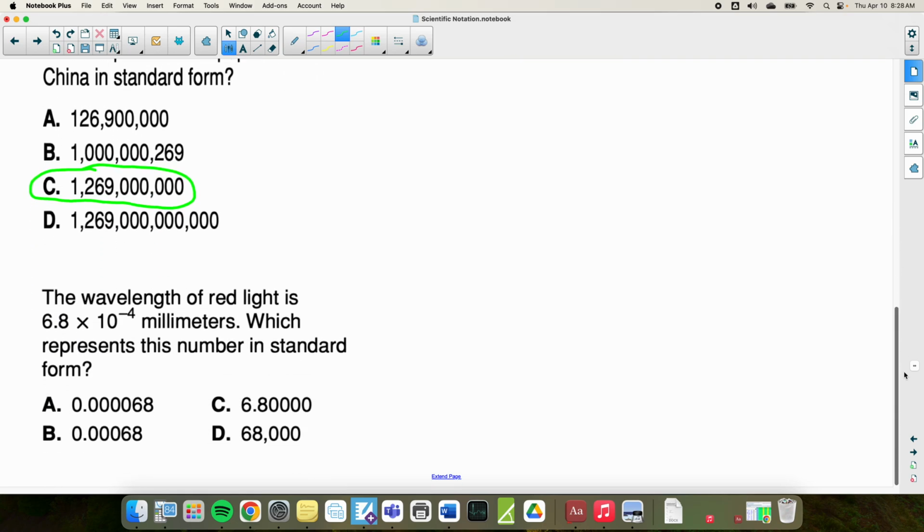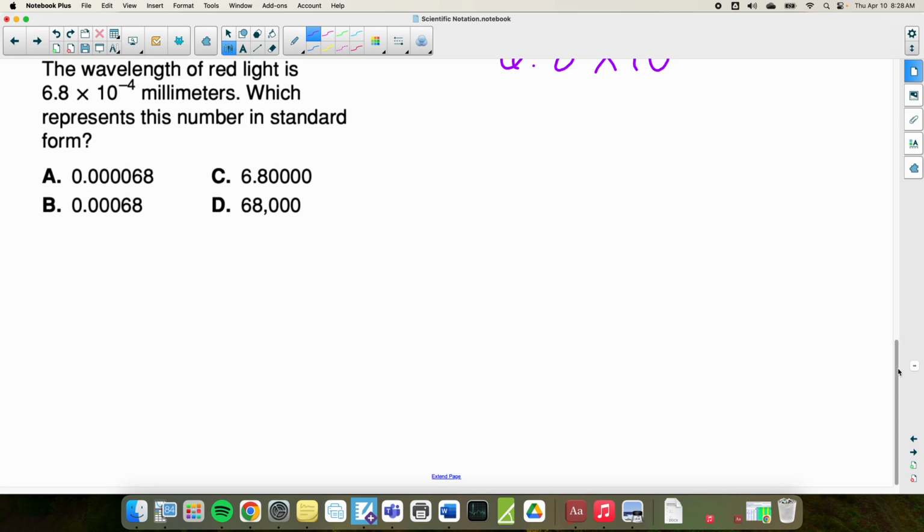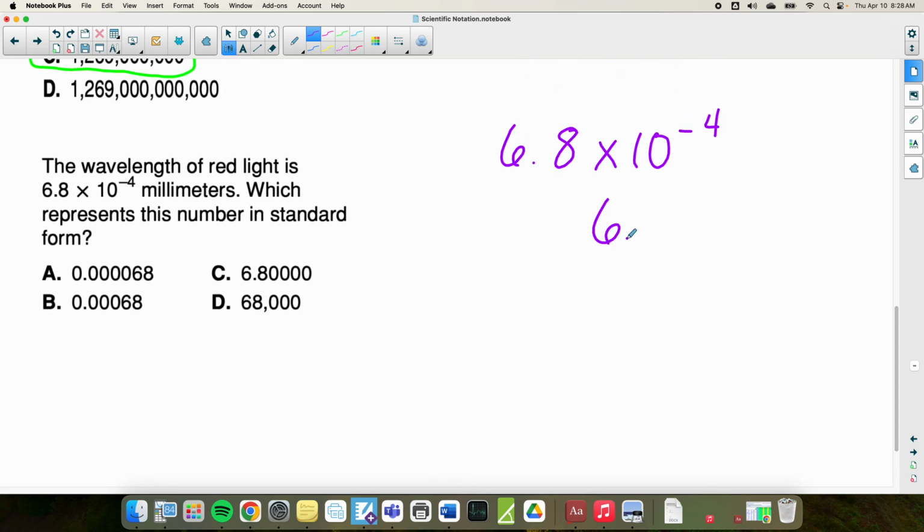Now this one is 6.8 times 10 to the negative 4th, okay? When it's negative, I just think I have to make this number small, so it's going to have zeros in front of it after the decimal. So I go 1, 2, 3, 4 spots.